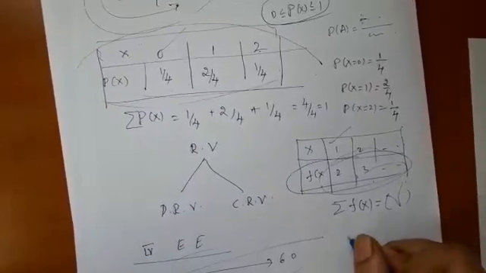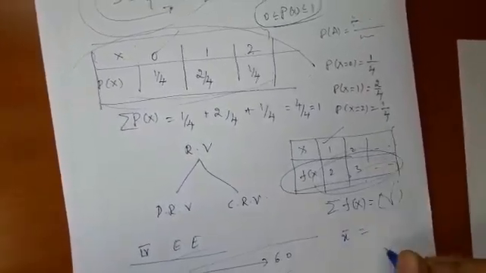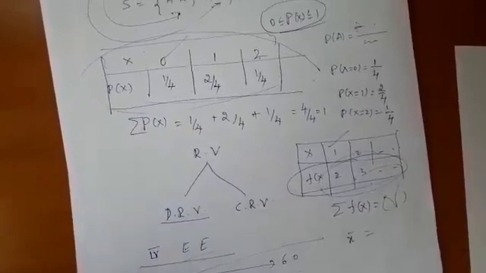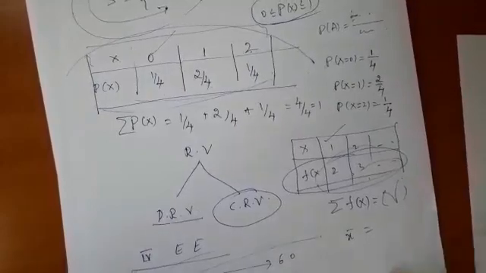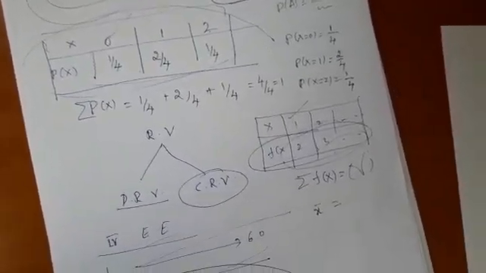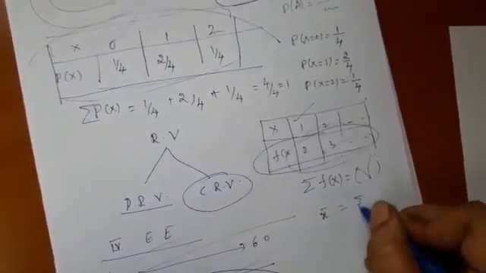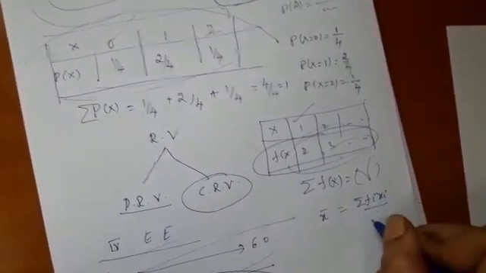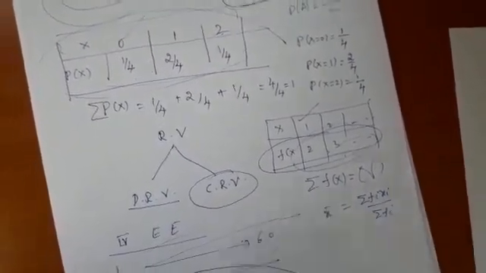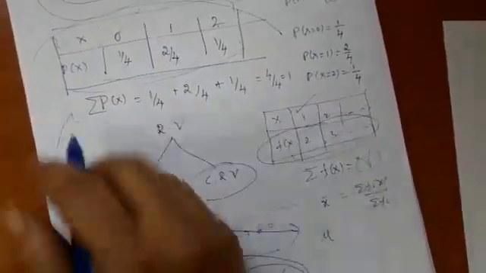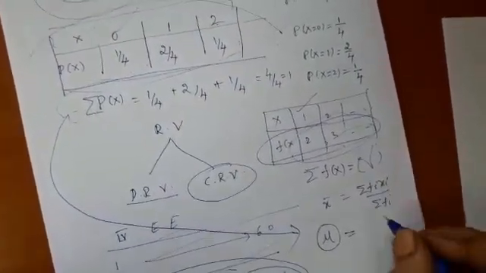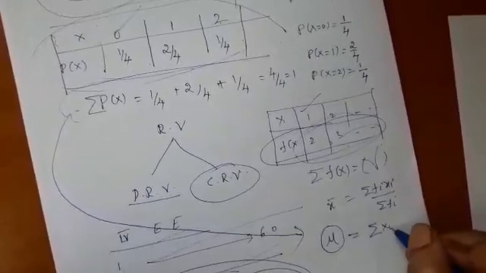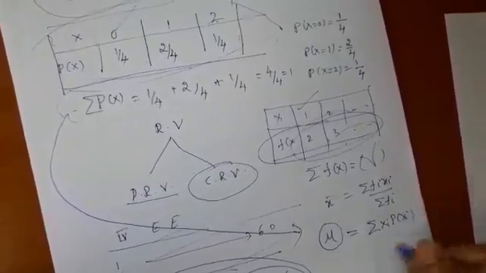Now, what is the mean formula? I'm talking about the discrete random variable distribution first; later we will come to the continuous one. In statistics, the formula for the mean is sigma Fi into Xi divided by total frequency. The same formula is used for finding the mean in a probability distribution. For a discrete probability distribution, the mean, denoted by mu, is sigma xi p of xi divided by total frequency.